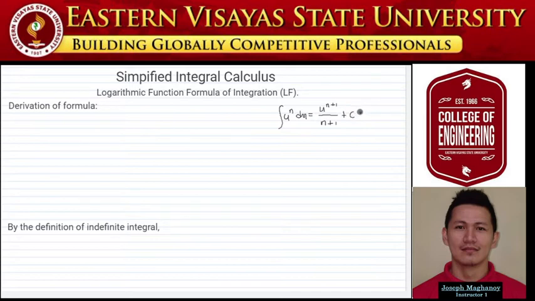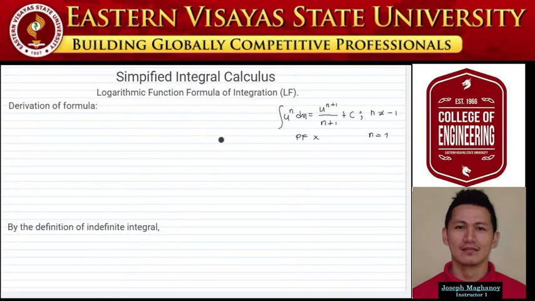So this is only true when your n is not equal to -1. What if our value of n is equal to -1? The power formula is not applicable anymore.